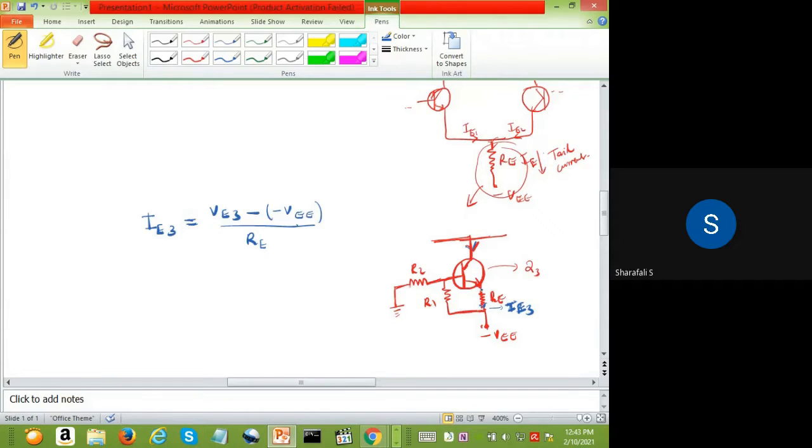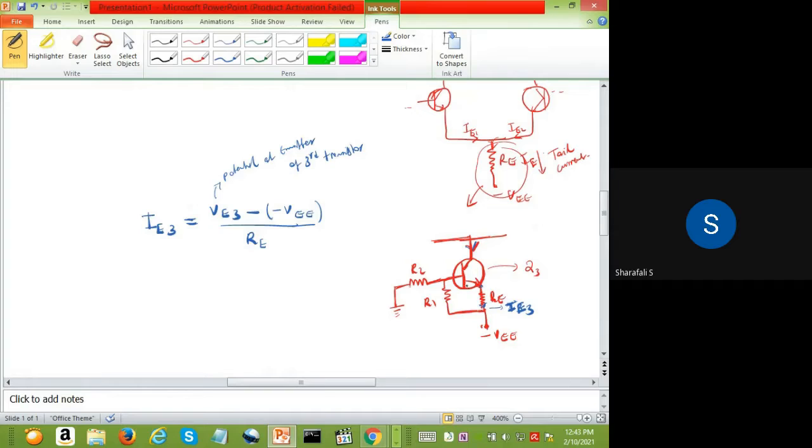So consider here, this is your emitter, and at this point you will have VE3, the potential at the emitter of the third transistor, at this leg.